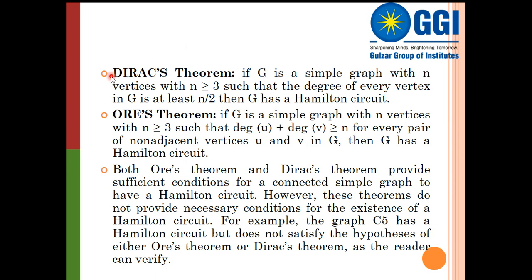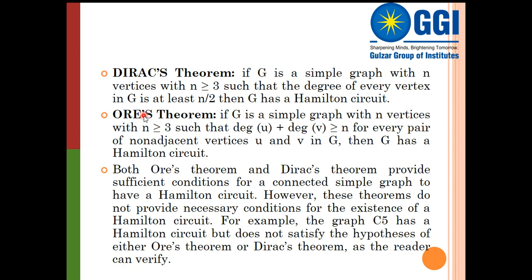The first theorem is Dirac's theorem. It says if G is a simple graph with n vertices, where n is greater than 3, then this graph will have a Hamilton circuit if the degree of every vertex in G is at least n by 2.